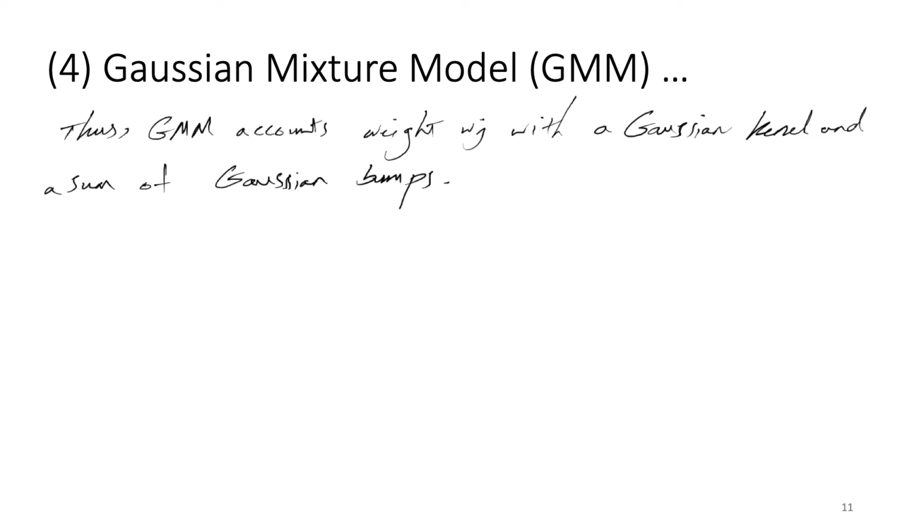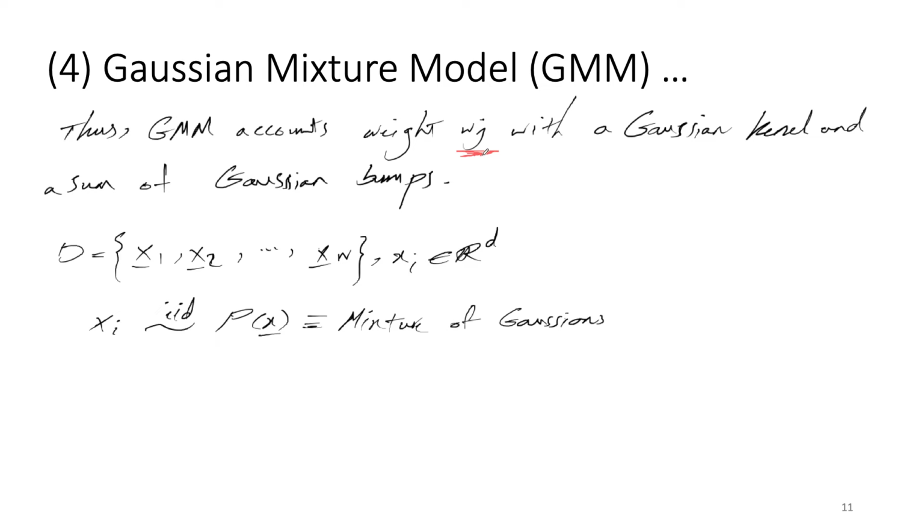GMM accounts for weights Wj with a Gaussian kernel, so that the sum of those W's becomes 1, right?